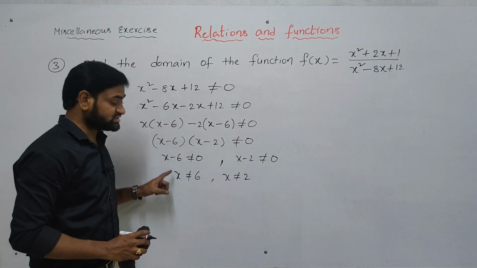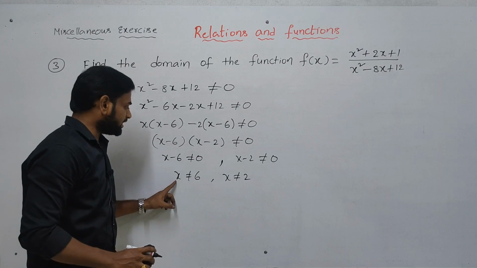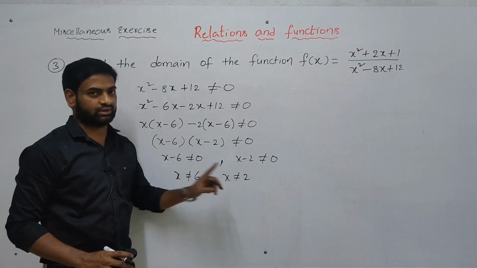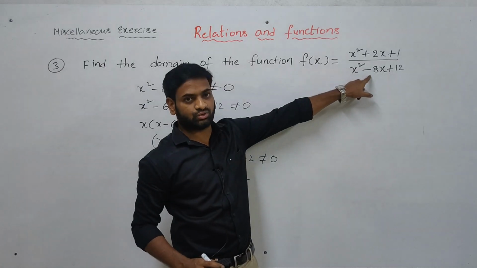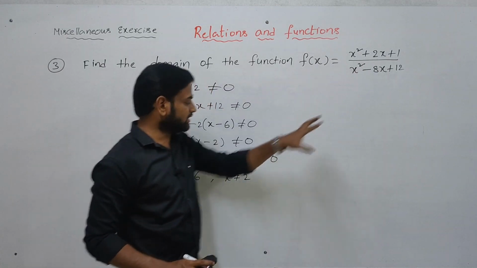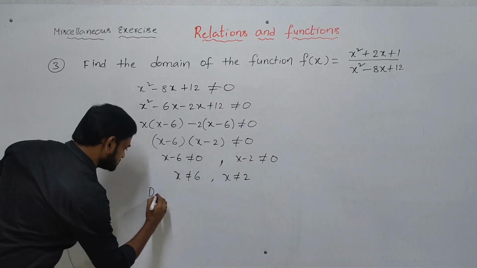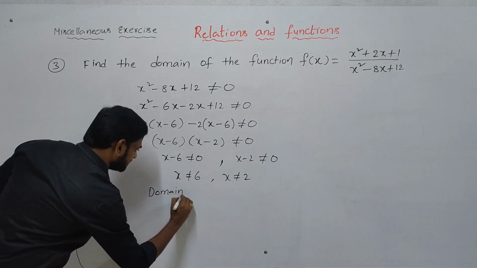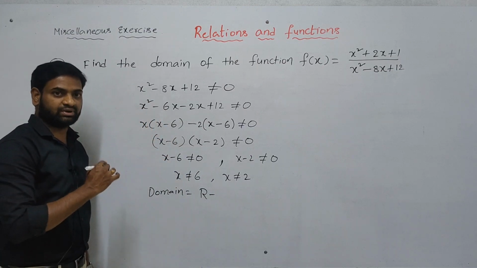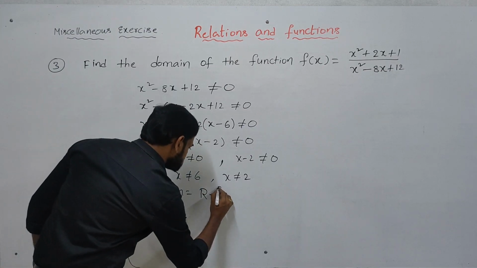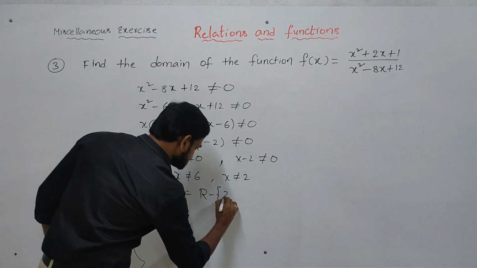So x values are the domain. So the domain is not equal to 6, not equal to 2. If we take 6 and 2, this is going to be 0. That's why, from the real numbers, eliminate these values. Domain is R, here real numbers. From the real numbers, we have to eliminate which numbers? 2 and 6.